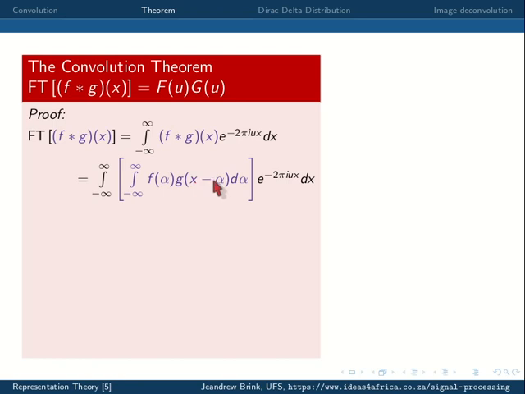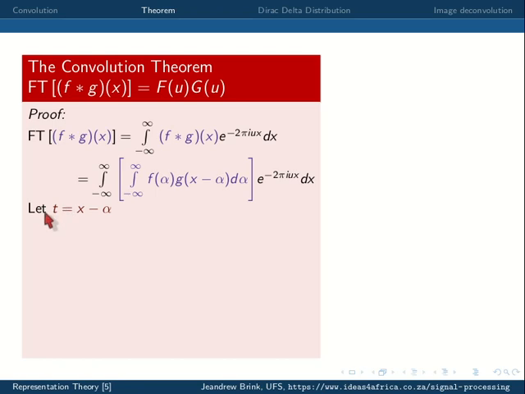This g of x minus alpha is annoying because we actually want to take an integral over the argument of g to get the definition of the Fourier transform. So what we're going to do is start over here and change variables. We're going to say let t equal x minus alpha. So that alleviates that problem. In other words, there's just an argument of g now.